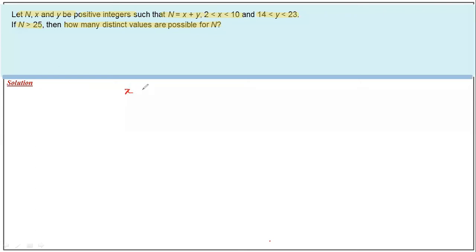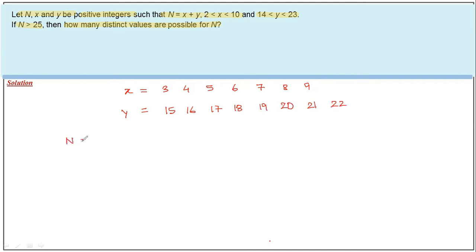Okay, so possible values of x would be 3, 4, 5, 6, 7, 8, 9. Possible values of y would be 15, 16, 17, 18, 19, 20, 21, and 22.